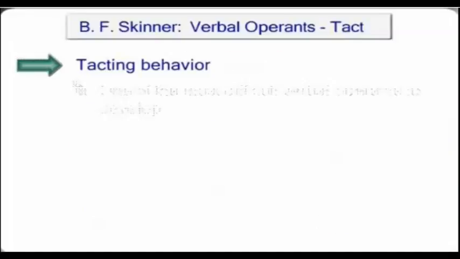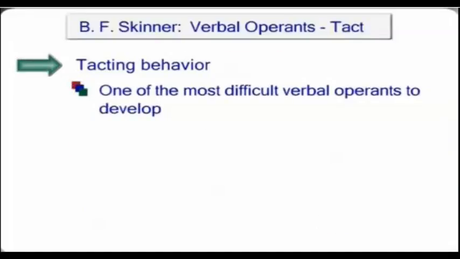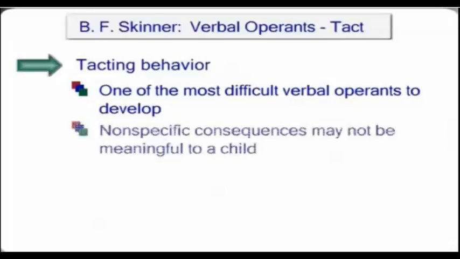Tacting behavior is often one of the most difficult verbal operants to develop in a child with autism. As you previously saw in the video, tacting behavior is followed by a nonspecific consequence, typically social praise. In some cases, nonspecific consequences may not be important or meaningful to a child with autism.